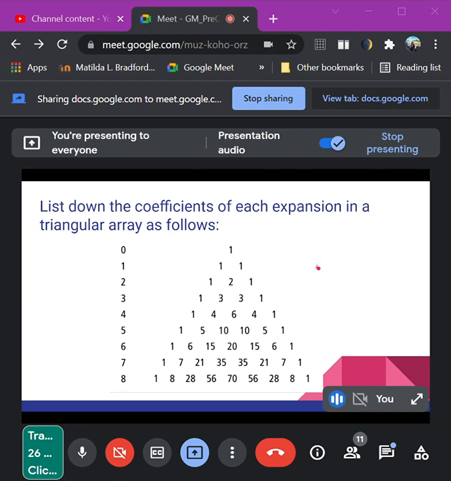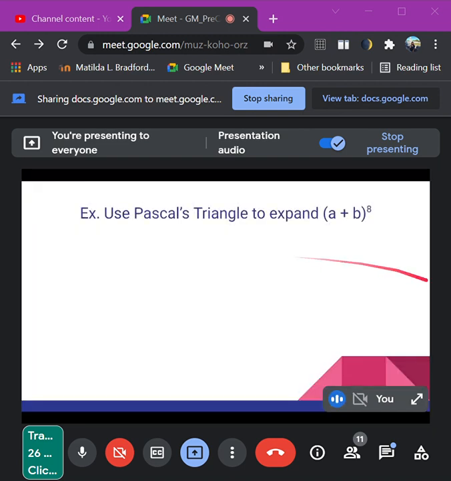Okay. So, now, what if class we're going to use Pascal's triangle to expand (a + b) raised to the power of 8. Okay. So, we're going to expand this one using our Pascal's triangle.